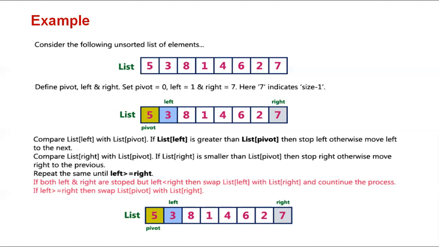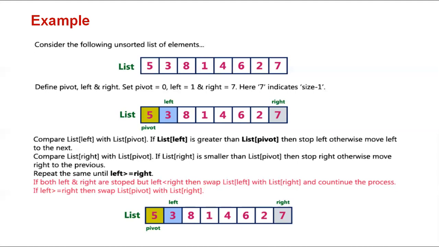Compare list of left with list of pivot. Here compare list of left, which is the left value 3, with list of pivot, value 5.